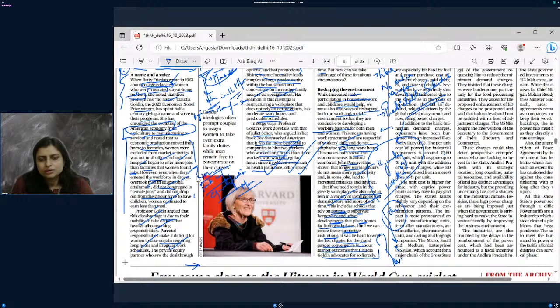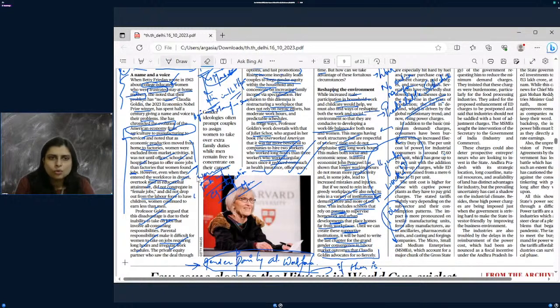That means Claudia Goldin has been talking about increasing participation of women, or more gender parity in the workforce, and this could be achieved only if there is more clarity in the workplace and more convergence of labor irrespective of gender.